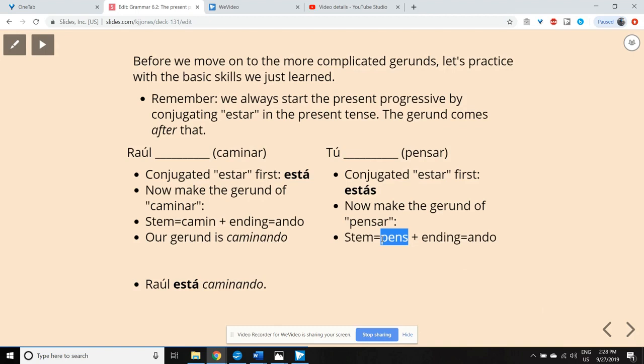Do not do anything to it. To that stem, we add the gerund ending for AR verbs. That's ANDO. And altogether, we get pensando. See it right here? Pensando. And this means that our entire sentence then is tú estás pensando.